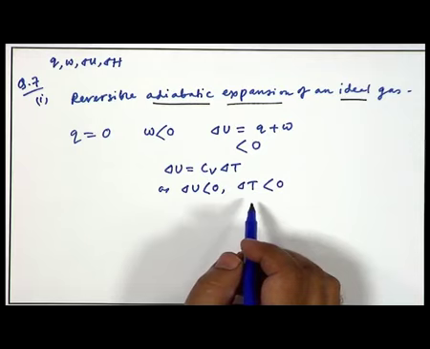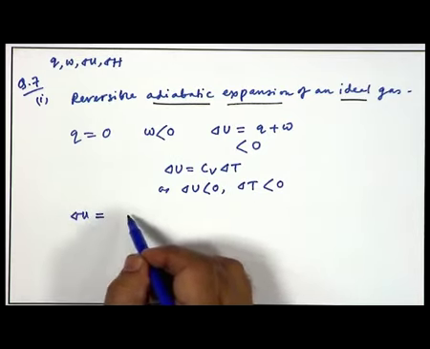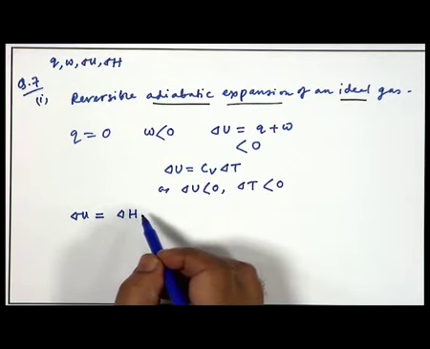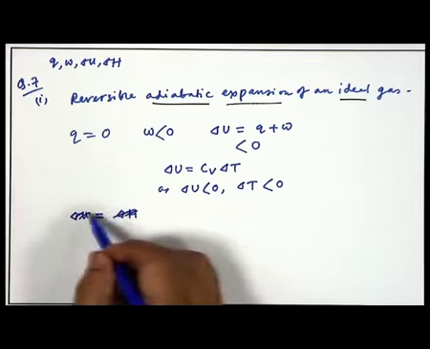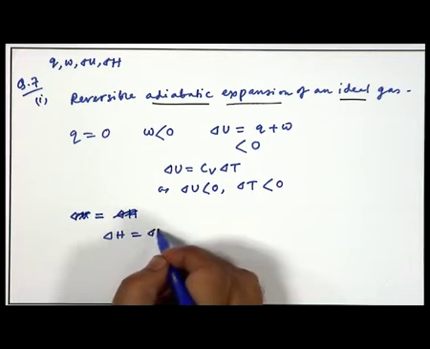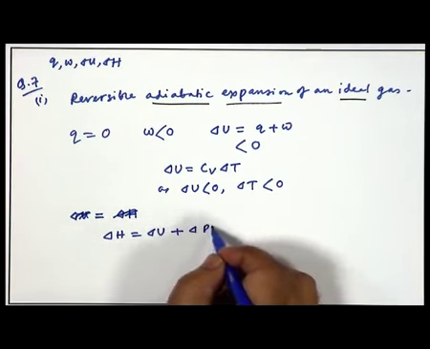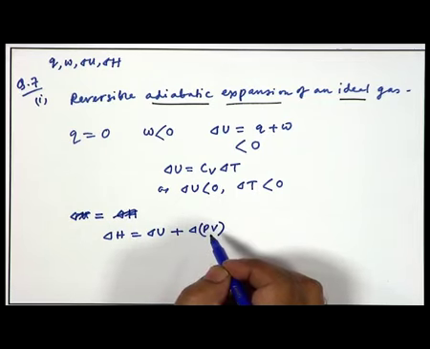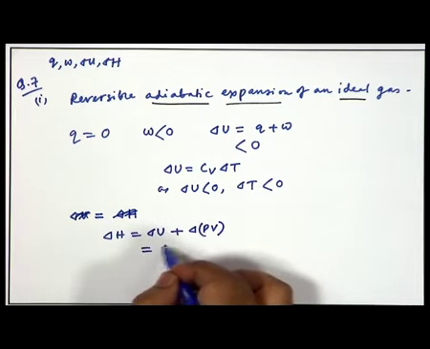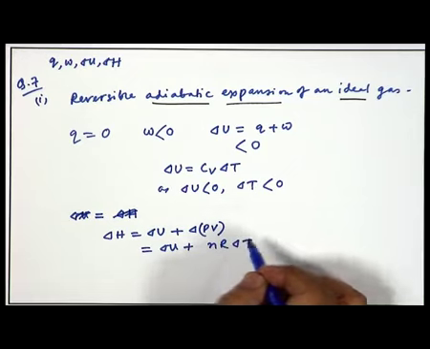Which means, now we know del H is del U plus del PV. Instead of PV we can write nR del T for ideal gas.